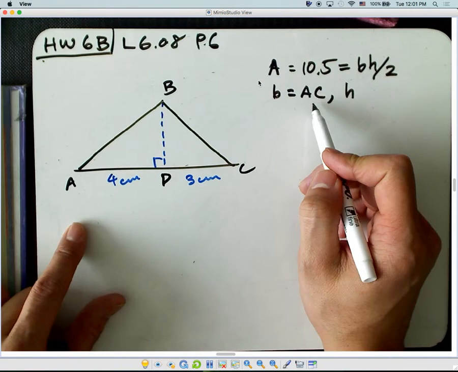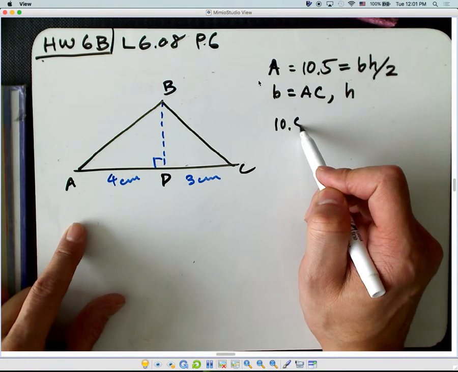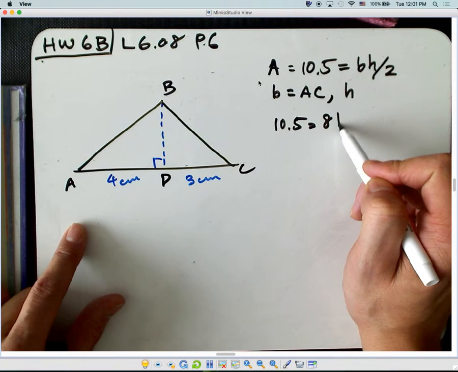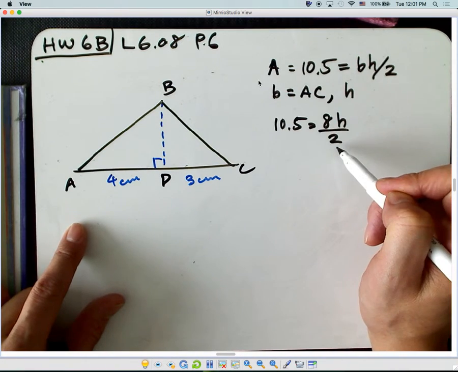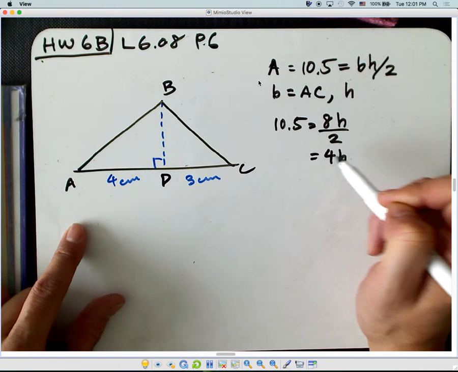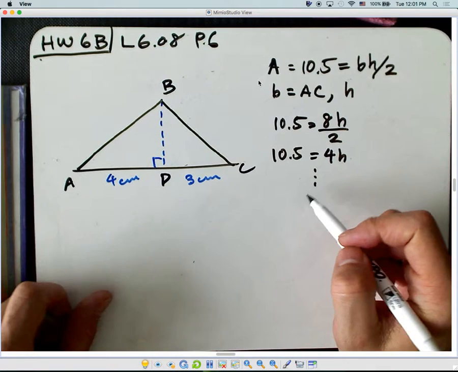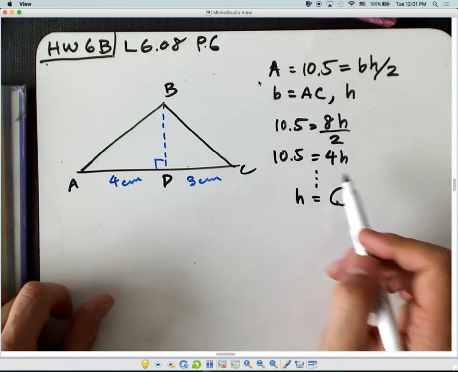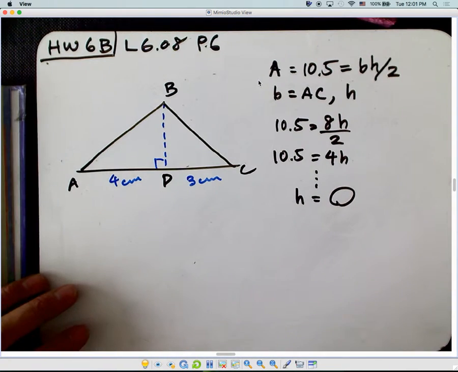AC is 8. So we can find the equation that 10.5 equals base, which is 8, times height divided by 2. We already know 8 divided by 2 is 4, so 4 times the height is 10.5. If you do some math and find out what the h is, then we can use the trig ratio.